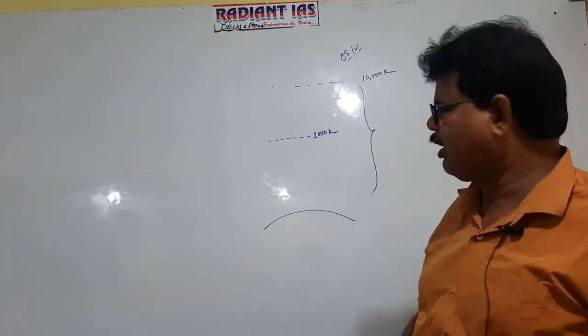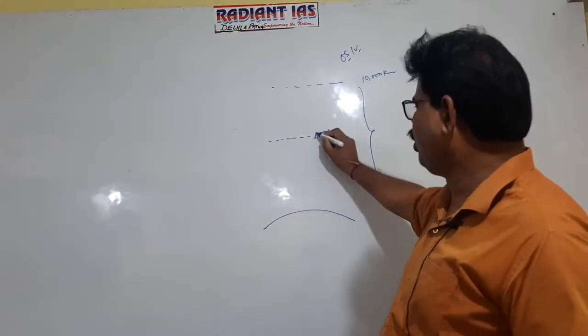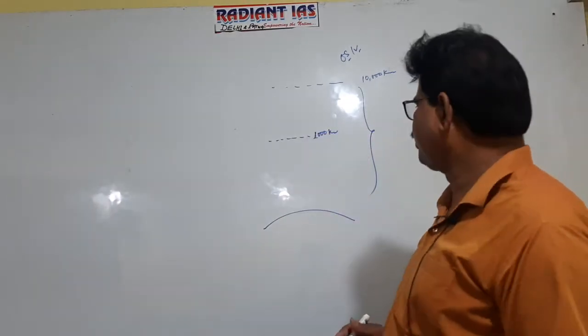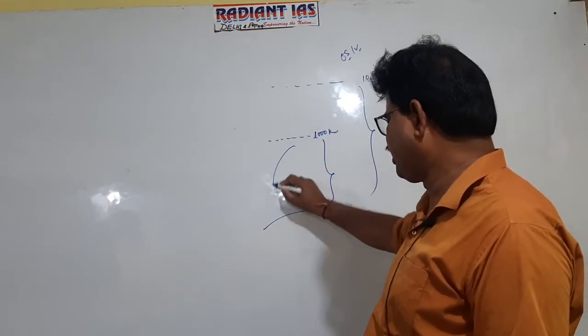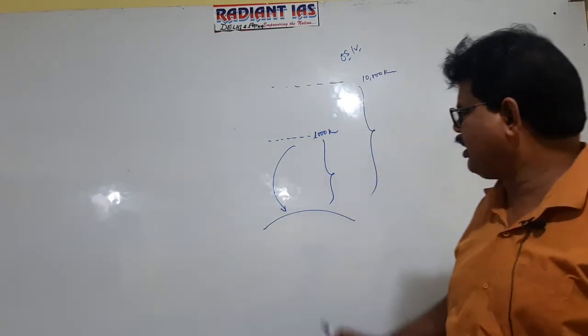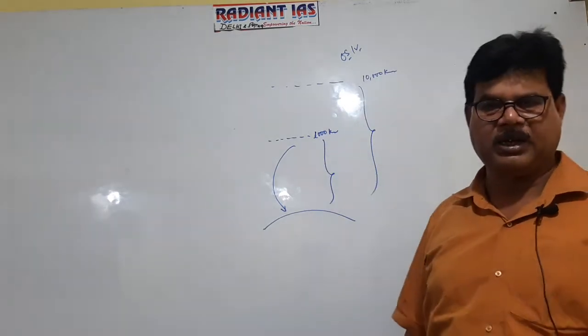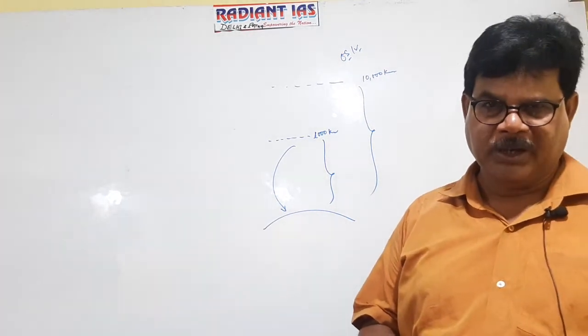Effective thickness of the Earth's atmosphere is only up to 1,000 kilometers, because this part of the atmosphere directly influences the Earth's surface. That's why this thickness is referred to as effective atmosphere.